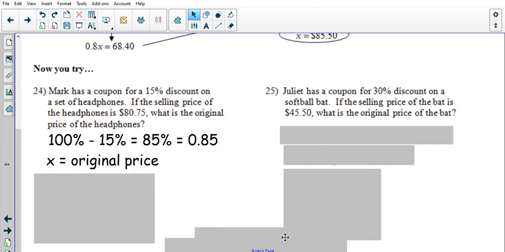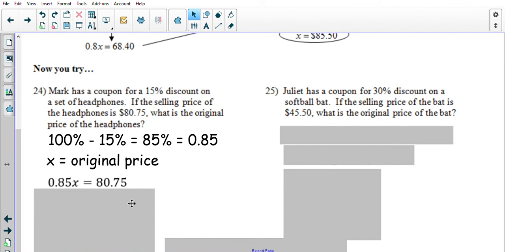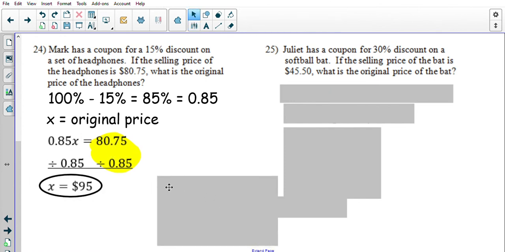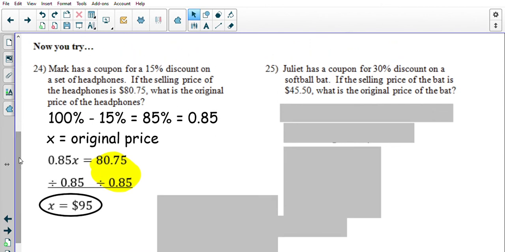If we let x equal the original price, we take 0.85 times x, and that will get us the sale price of $80.75. The inverse of multiplying by 0.85 is to divide by 0.85. So in your calculators, you will calculate $80.75 divided by 0.85, and this will get us an original price of $95.